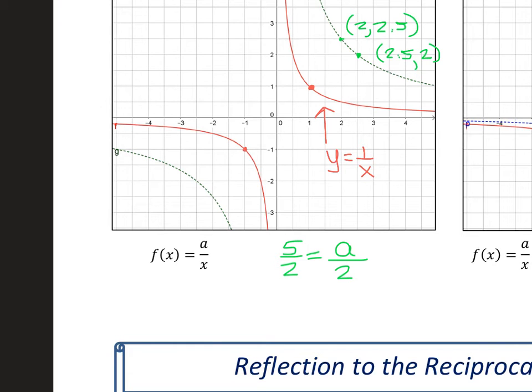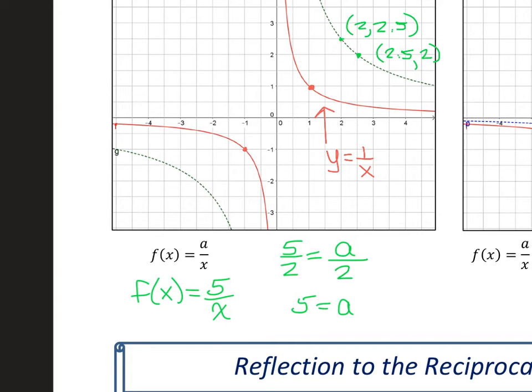So if I multiply both sides by 2, I get 10 over 2, which just gives me an a of 5. So you can see that a is greater than 1, and therefore our function here is being stretched.